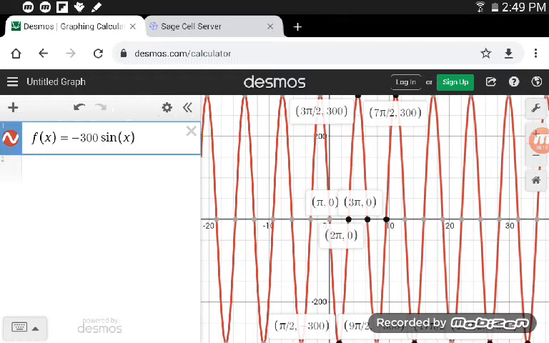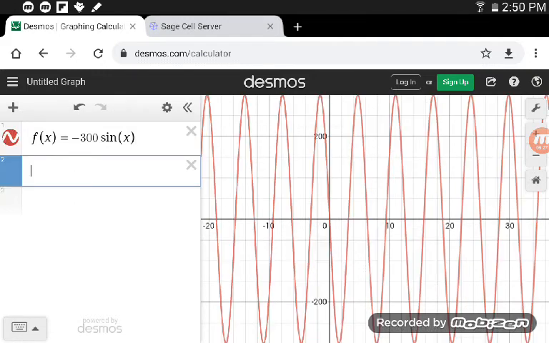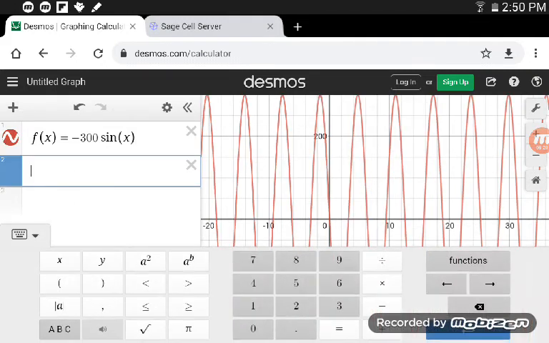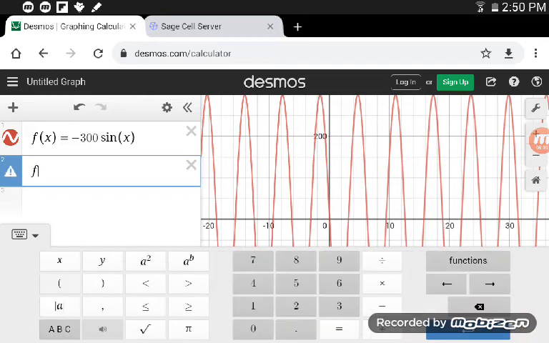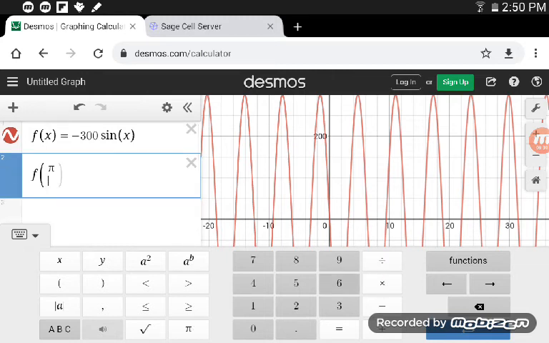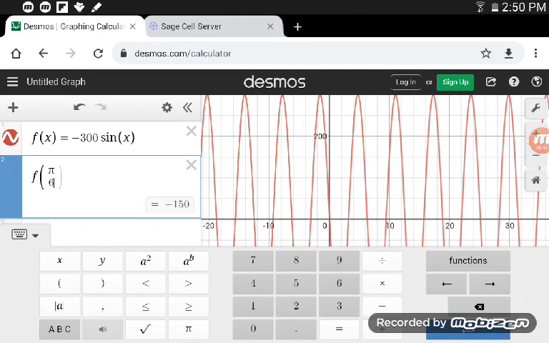And it says find dx dt when theta is 30 degrees and 60 degrees. Well, 30 degrees is pi over 6. So I can go in here and just say, what's f of pi divided by 6, and that's minus 150.